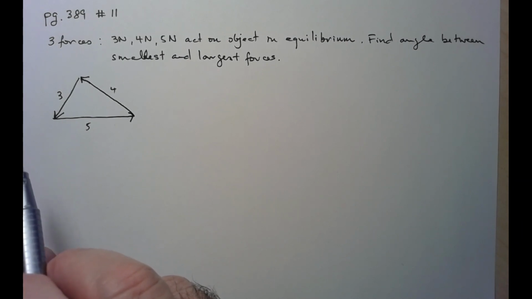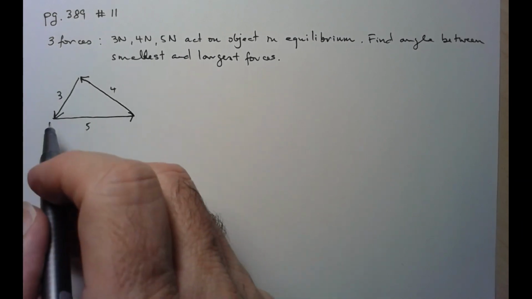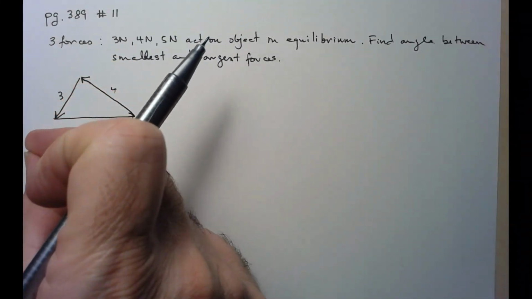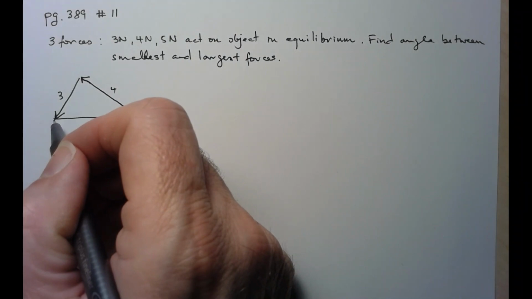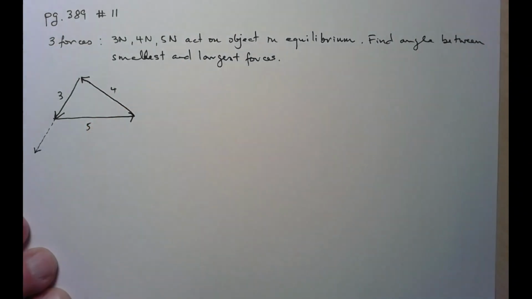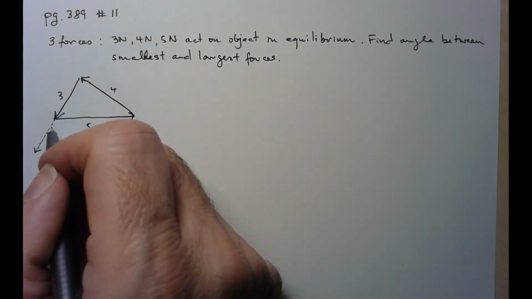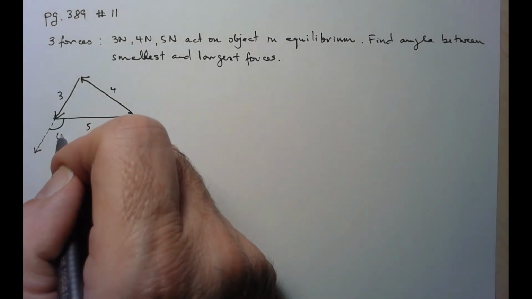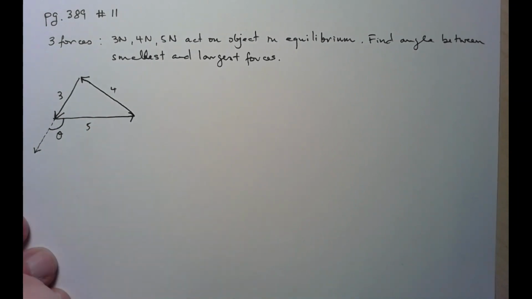So what I'm going to do in the interim is move this vector 3 down, so that it's tail to tail with vector 5. Hopefully that'll help me figure out what I need to determine. So I'm looking for this angle. Let's call it theta.